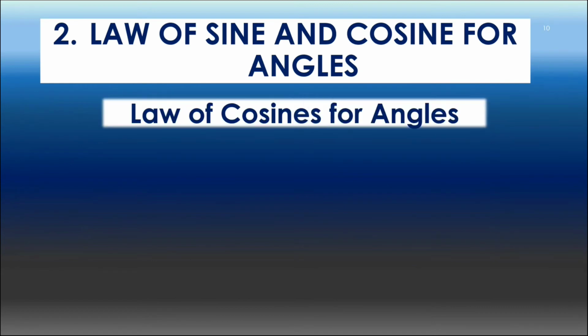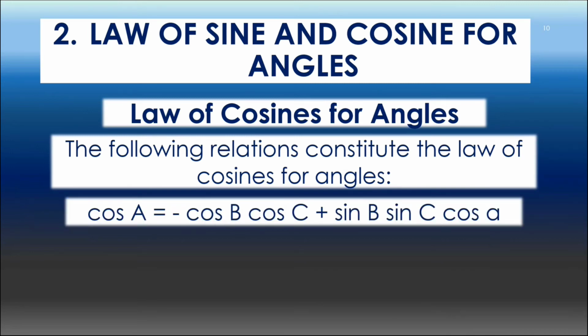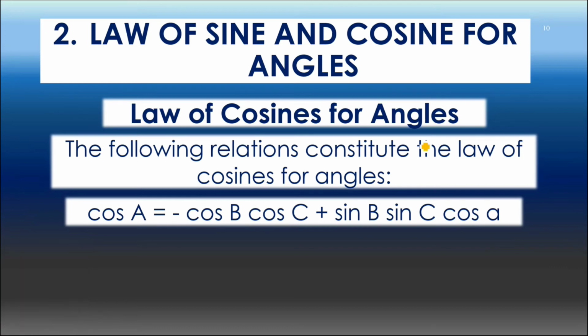We also have the law of cosines for angles. So the following relations constitute the law of cosines for angles. So these are the formulas. So class, the law of cosines for sides is used if we do have three sides, one angle. The law of cosines for angles, we're going to use it if we do have three angles and then one side.